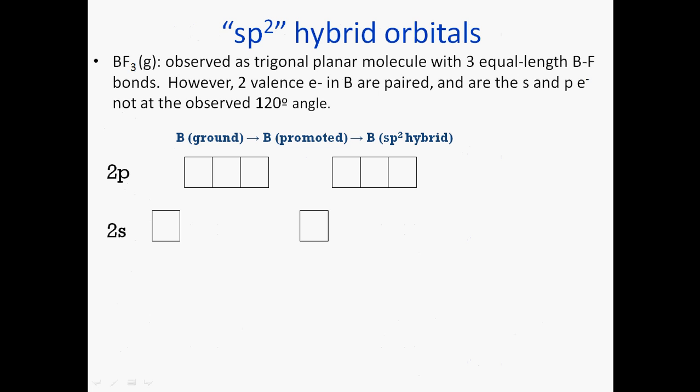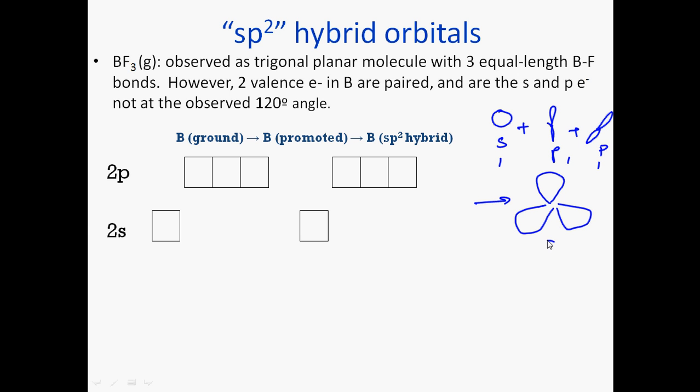Sp2 hybrid orbitals are made when you have one s and two p orbitals mixing. Sp2 hybrid orbitals are a little bit fatter or more rounded than the p orbitals, and because one s and two p orbitals are mixing, you get three sp2 hybrid orbitals.